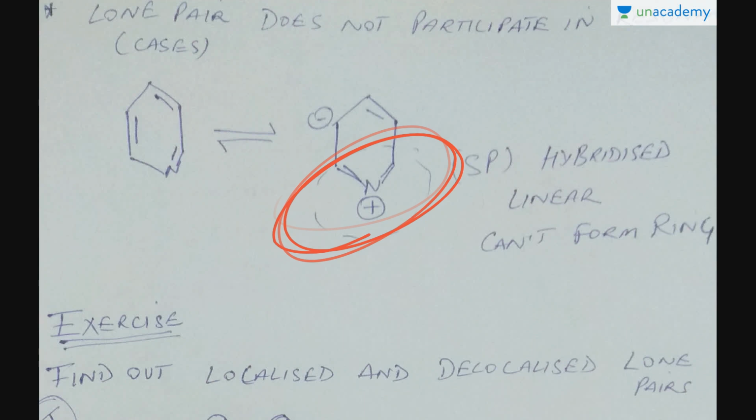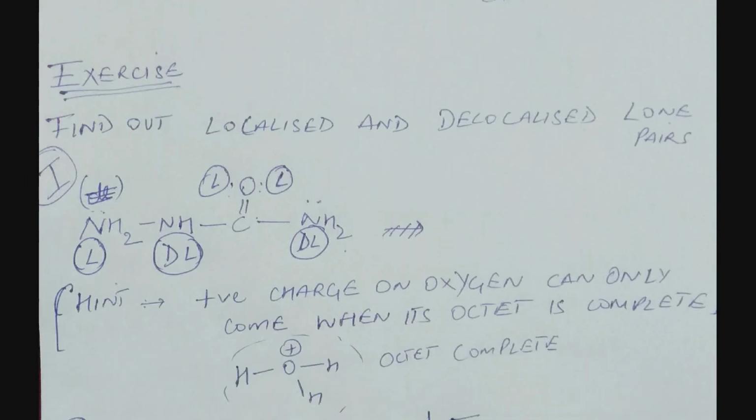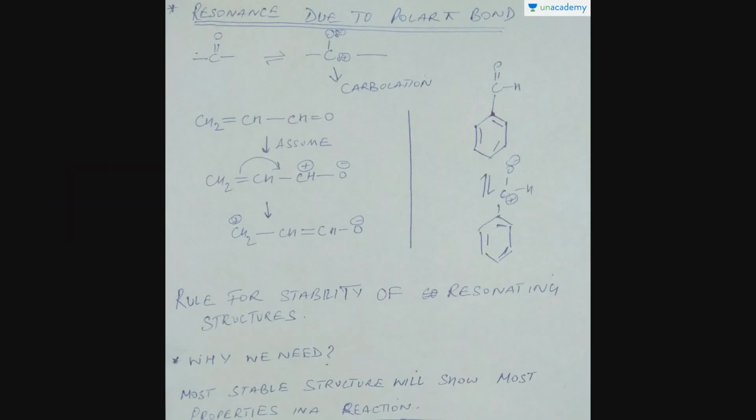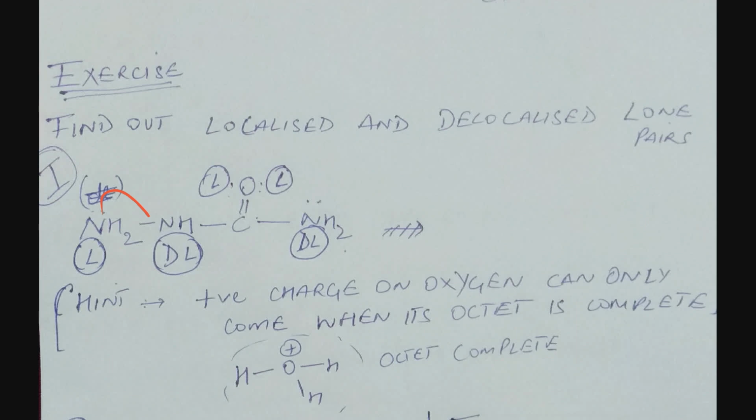Okay, so now let us do some exercise. Let us find out the localized and delocalized lone pairs, because it will help in further continuing our application to chemical reactions. Now say this is a molecule. And see, this is a localized lone pair because it does not have any single bond, double bond nearby it.